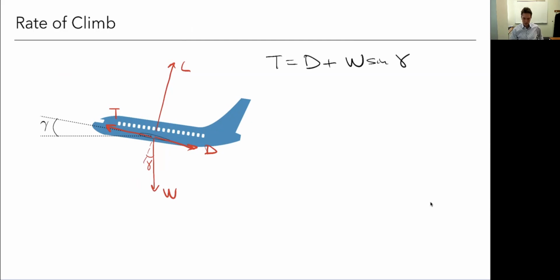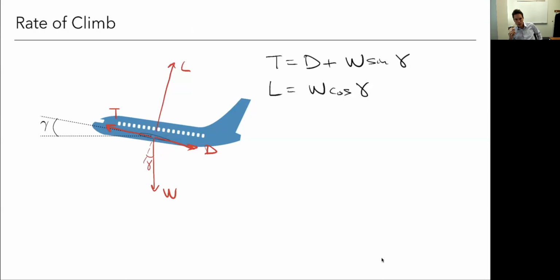And then in that direction vertical relative to my airplane, the lift is going to be balanced by this component of the weight, W cosine gamma. Okay, so lift is equal to W cosine gamma, right? Okay, so that's my force balance for steady flight.